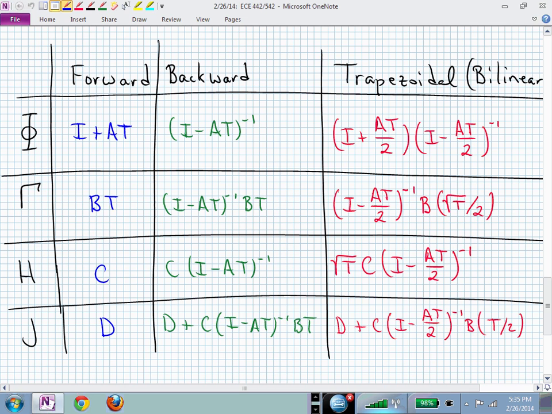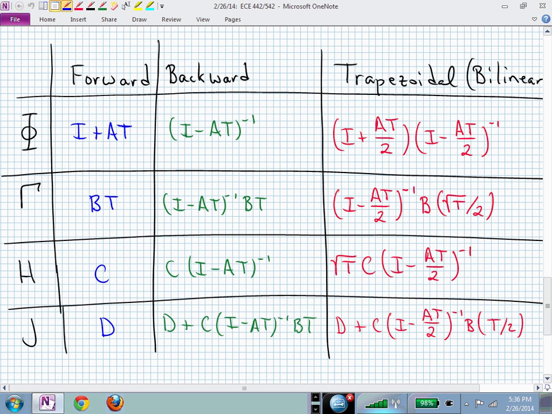That means if somebody gives you a continuous time system in a state space form, and you now know the capital T, which is just the sample period, and you know how to pick that, now you can obtain a discrete time version, a discrete equivalent of that continuous time system in a trapezoidal form, and we kind of know what that means. In a forward numerical integration approach, that's where we simply look forward from the previous value, or the backward, which is where we look back from the present value.